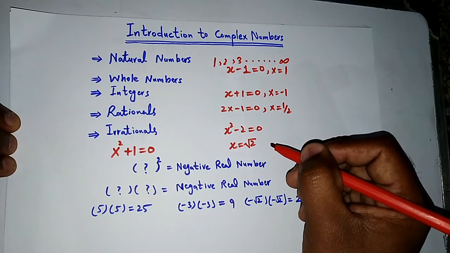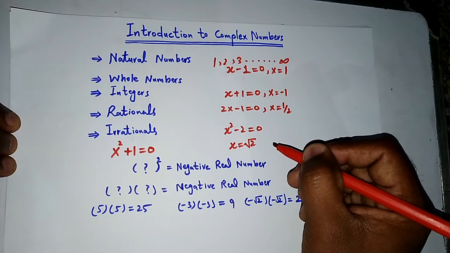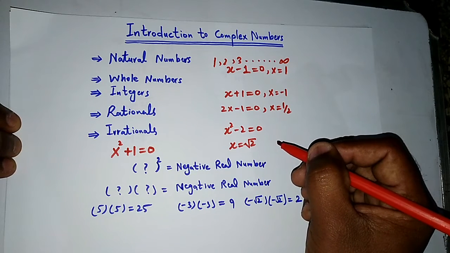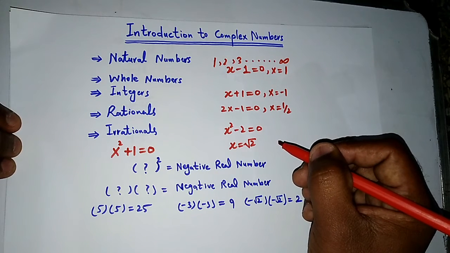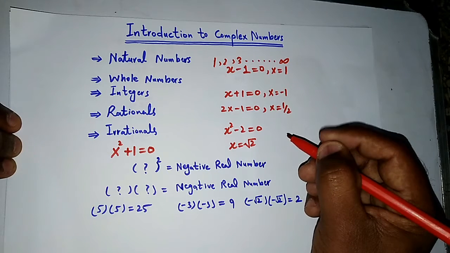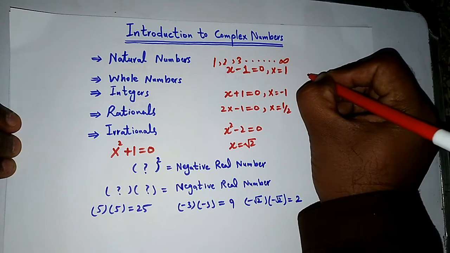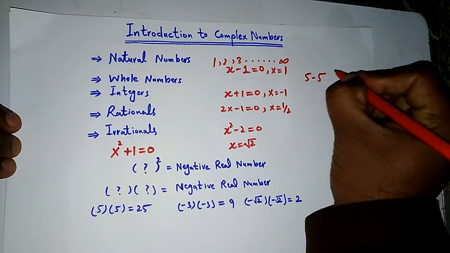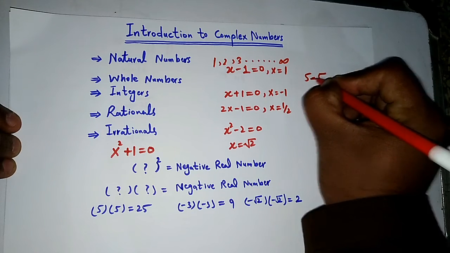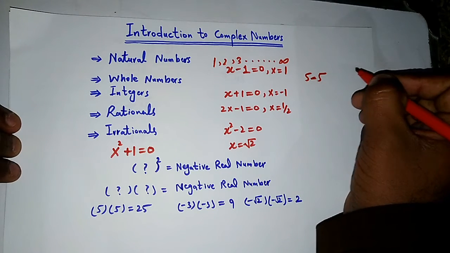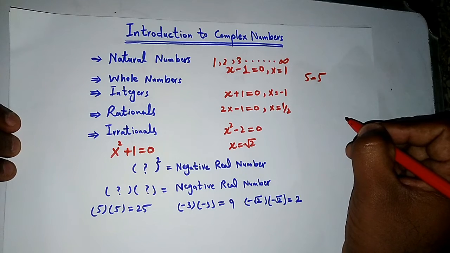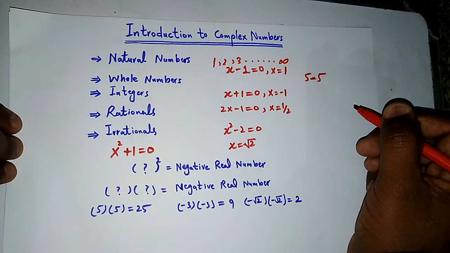With the help of this natural number system, we solved many problems, but with the passage of time, we found a problem. For example, if we want to find 5 minus 5, what would be the answer? We see that we cannot find its solution in natural numbers, so we needed a new number here.